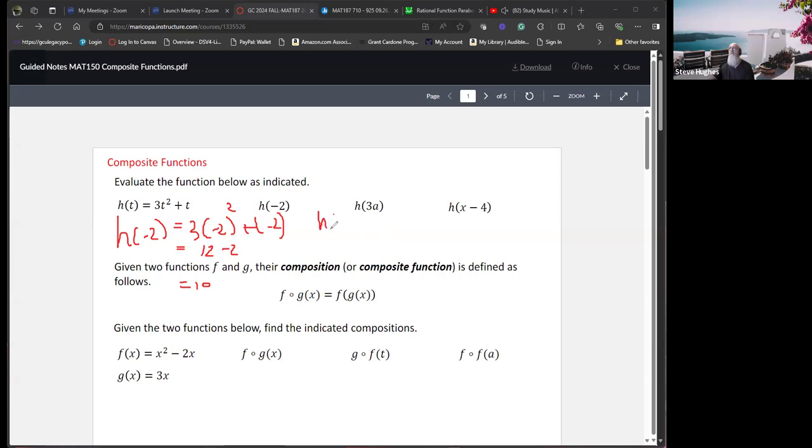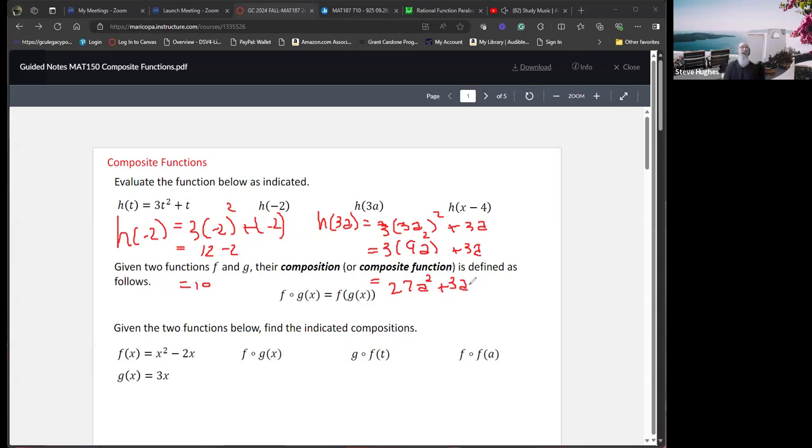So I look for h of 3a, which is equal to 3 times, not negative, sorry, positive 3a squared plus 3a, which is equal to 3 times 9a squared plus 3a, which is equal to 27a squared plus 3a.